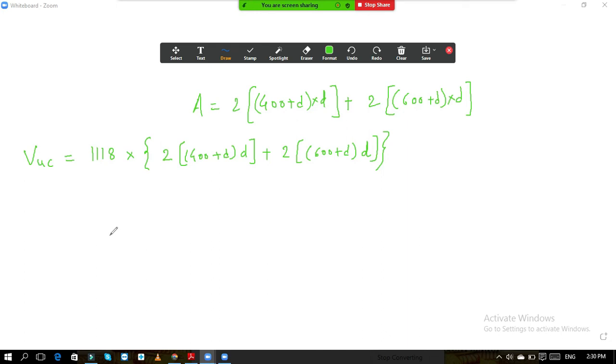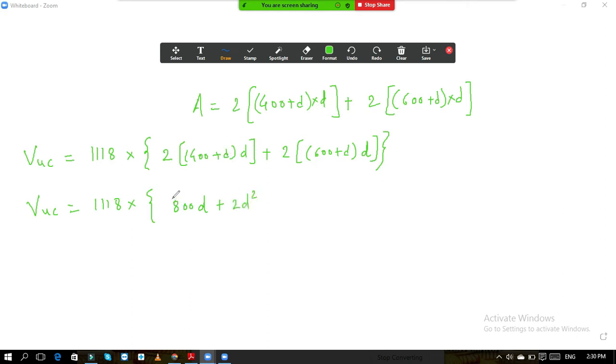Now you need to simplify each and every term. So VUC is equal to, I will keep this 1118 as it is, into, now do the multiplication inside the bracket by 2D. 2D is directly multiplied. So it will be 400 into 2, 800, 800D, plus if I multiply inside with 2D, it is 2D square.